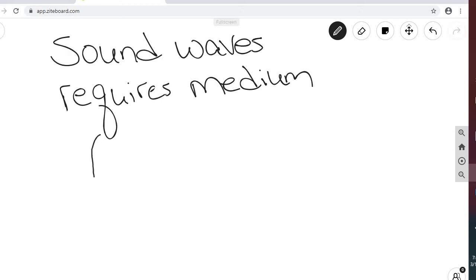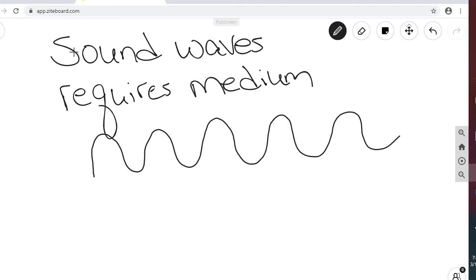So when we talk about waves oscillating, it means that the wave is oscillating or causing oscillation in a certain medium. It travels through a certain medium. And the medium that sound travels through usually is air.